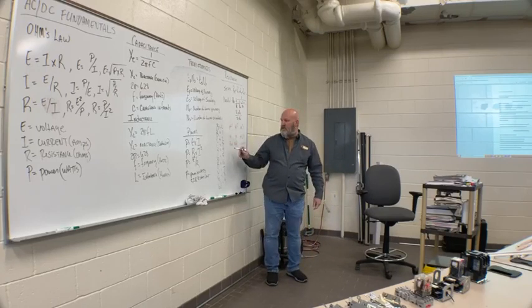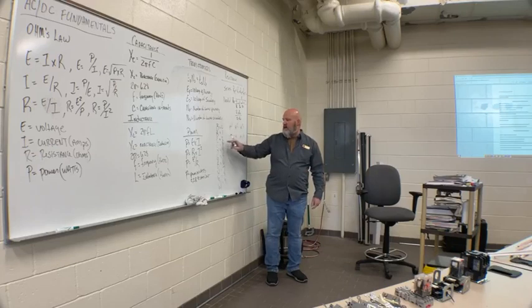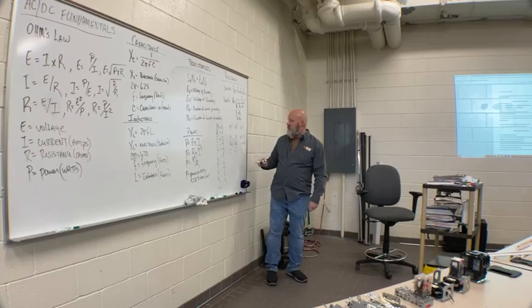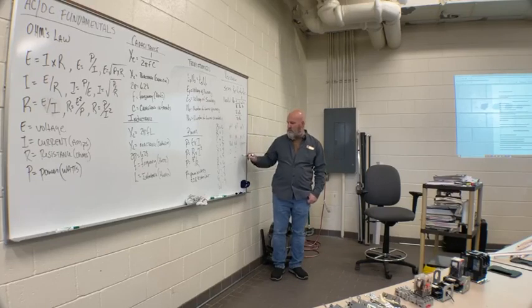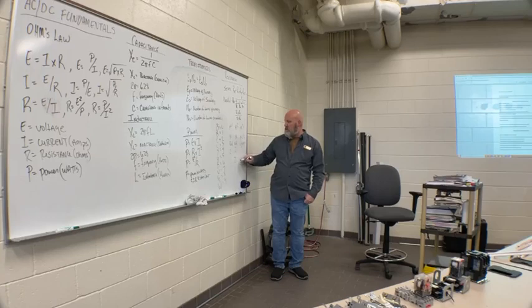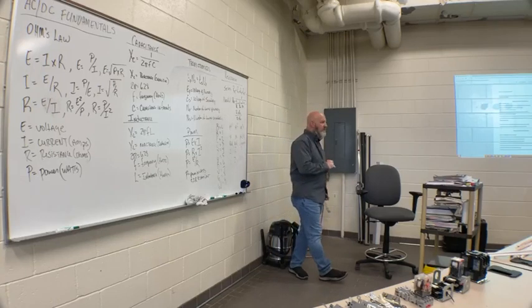Red has a value of 2. Orange has a value of 3. Well, that's not 223. The first band is a number. The second band is a number. The third band is the number of zeros. So that's 22,000 ohms.